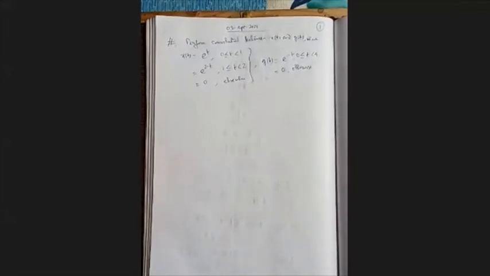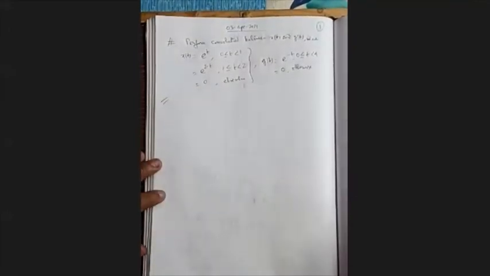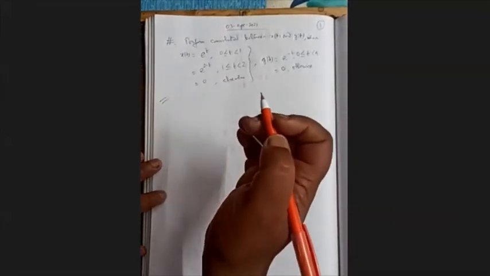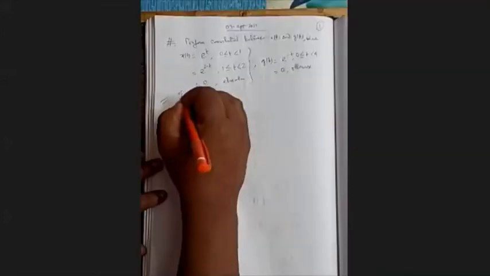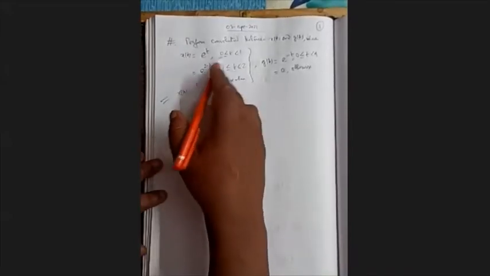Okay, so we want to plot first x(lambda) versus lambda and g(lambda) versus lambda, just by replacing t with lambda in both the functions. So our x(lambda) versus lambda: between 0 to 1 it is e to the power t.